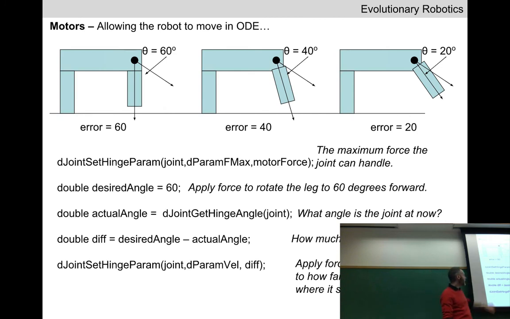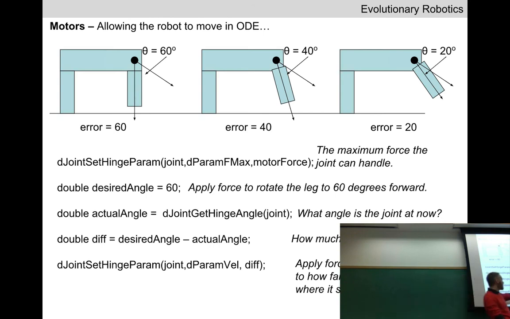We then tell the physics engine what the desired angle is, which we get from the motor neuron. We then query the physics engine to ask what is the actual angle. And in the cartoon here, in the top left, the current angle is 0. Take the difference between the two, so the difference is 60. The current joint is 60 degrees away from where we want it to be.